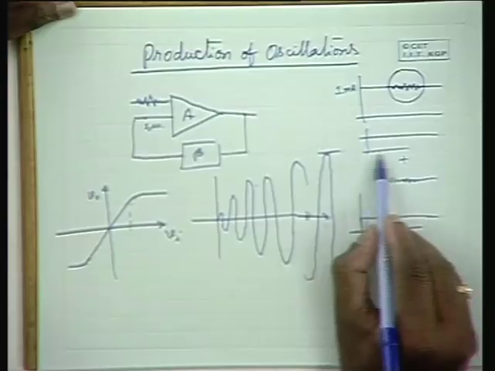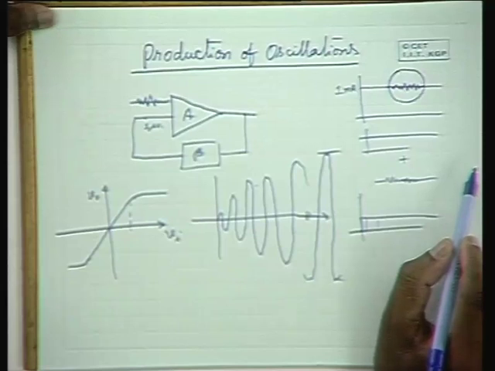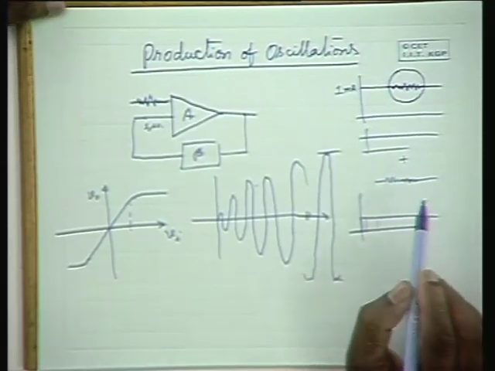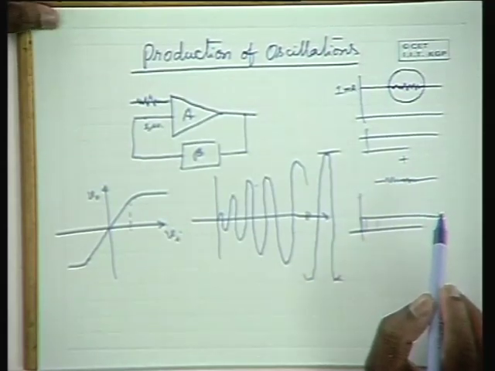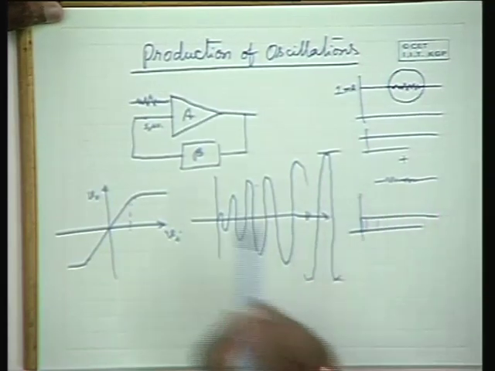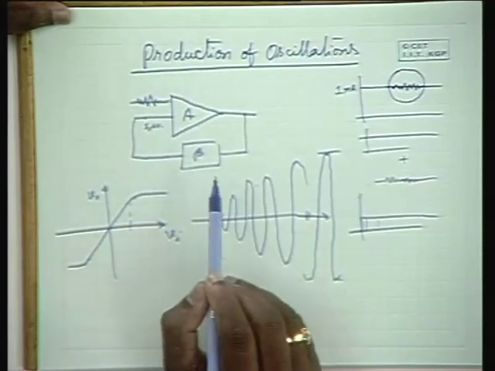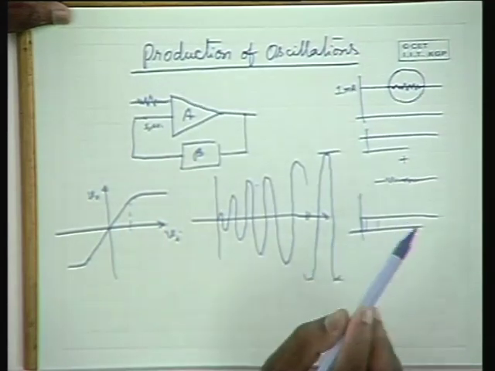The oscillations are sustained from that point onwards, and you have constant amplitude oscillations. This is how oscillations are produced to start with, and how oscillations are sustained.